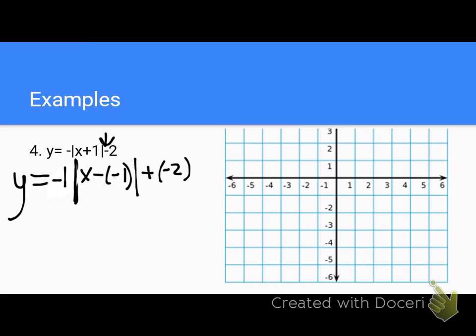Okay, so our a term is -1. Our vertex is -1, -2. And this tells us the slope of the right-hand side is going to be -1, and then the slope of the left-hand side will be a +1. So let's plot the vertex at -1, -2.